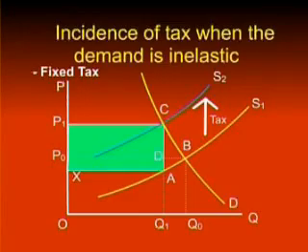So let's say the amount of tax per pack of cigarettes is 2 rupees. So whether the price of cigarettes goes to 40 rupees or 50 rupees, the tax will remain 2 rupees. In that case, you can simply represent the tax by shifting the supply curve up by 2 rupee units. So it will be a vertical displacement of the supply curve by 2 rupee units.